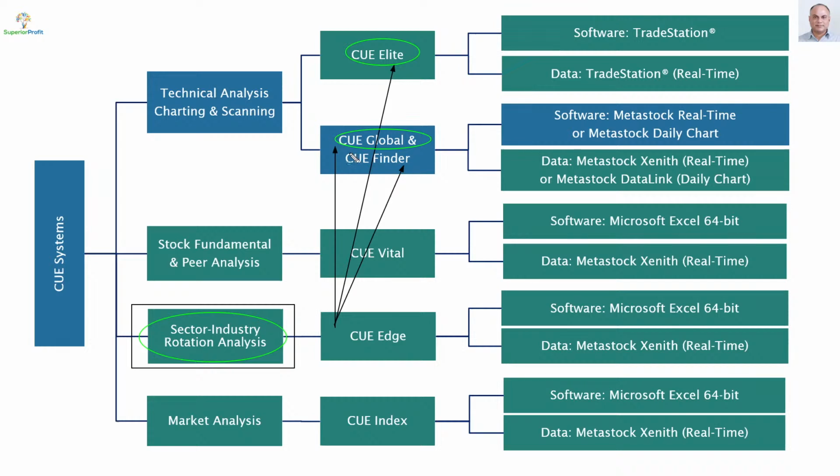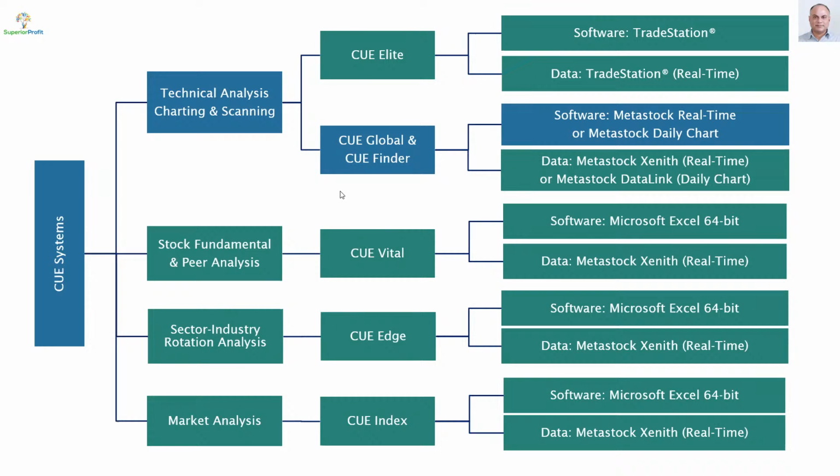Alternatively, you could first look up the signals in Q Finder and then look up the charts in Q Global and Q Elite. That will be a top-down analysis and you will end up with stocks that have strong technical signals and are also in strong industries with good fundamentals. That is the top-down approach.